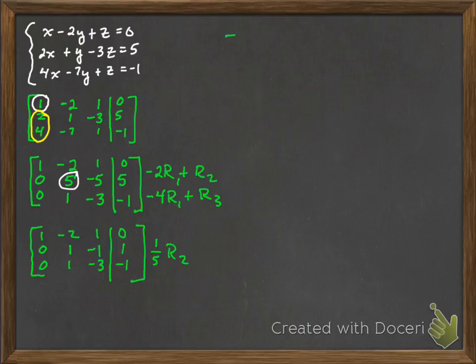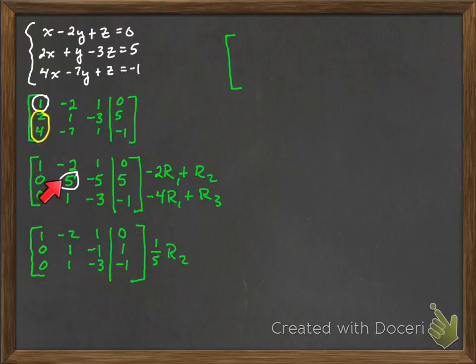All right, so let's review the process. First step, we needed to get a 1 right here. That was already taken care of with the equations, so that was done. The next step was to use this 1 to get zeros underneath it.